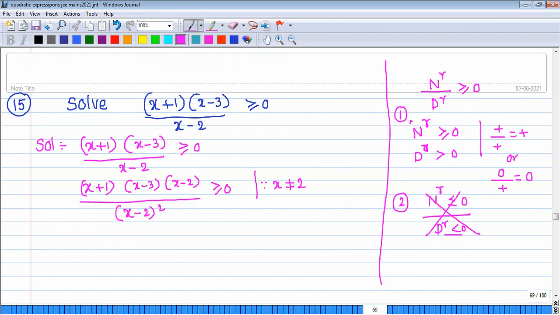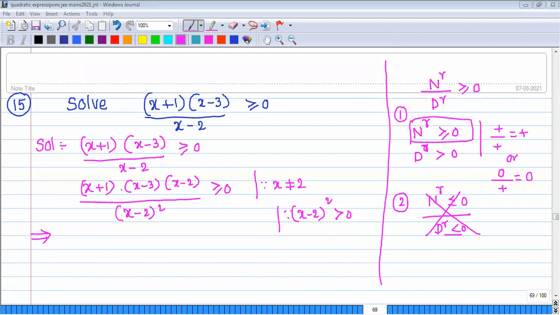Since (x minus 2) whole square is a perfect square, it's always positive. Also, the condition x does not equal 0 is there. Since x does not equal 0, there is no scope that (x minus 2) whole square becomes 0. So (x minus 2) whole square is positive.